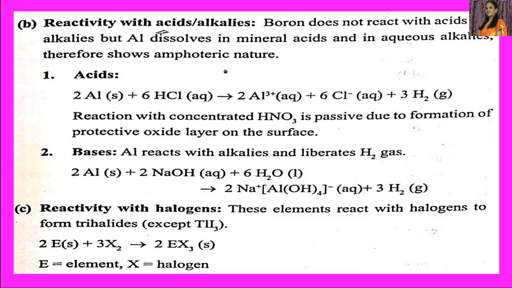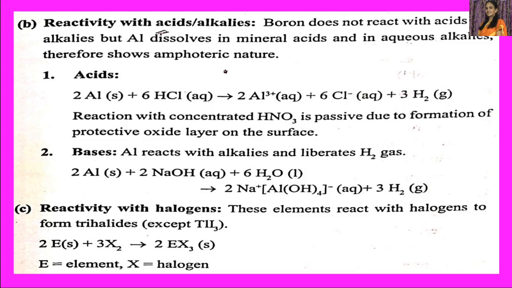Now, let's consider the reaction of aluminium with acids. With acids, aluminium combines with HCl. It forms AlCl3, releasing hydrogen gas. Al plus 3 HCl gives AlCl3 plus H2, hydrogen gas. The reaction with concentrated HNO3 is passive due to the formation of a protective oxide layer on the surface.